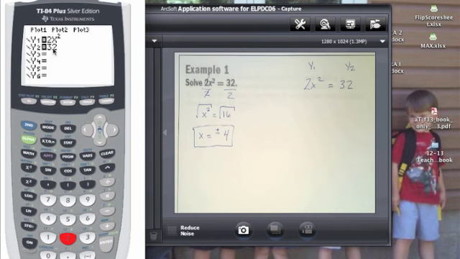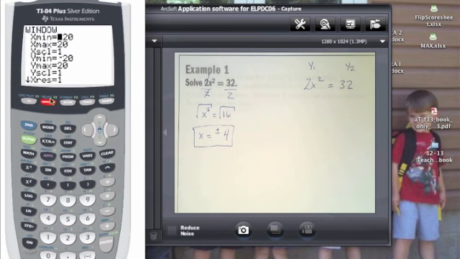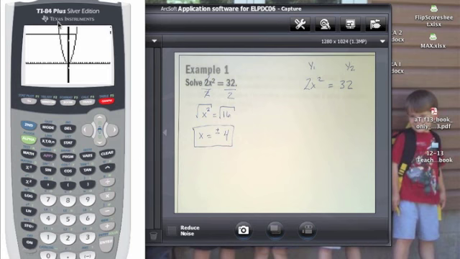My y is 32, so you're going to have a horizontal line at 32. So what you have to make sure is that your window is greater than 32. Okay? So I got to make my y max bigger than 32, and I'm just going to make it 40. And I'm going to hit graph.